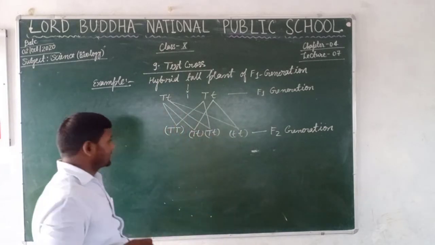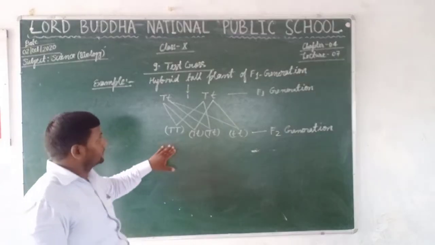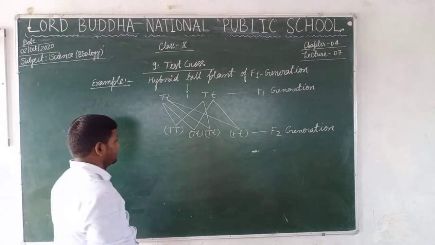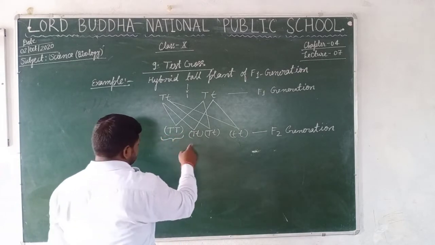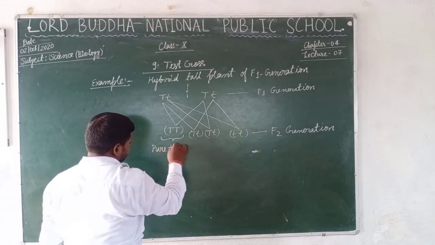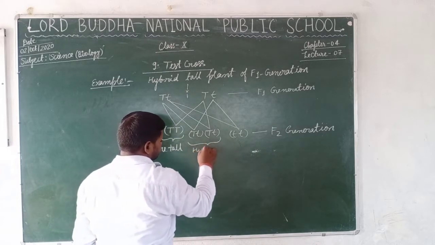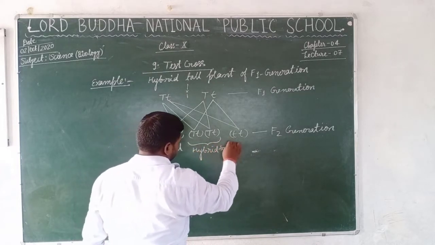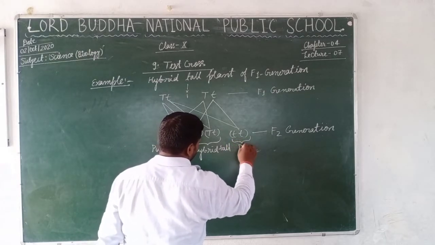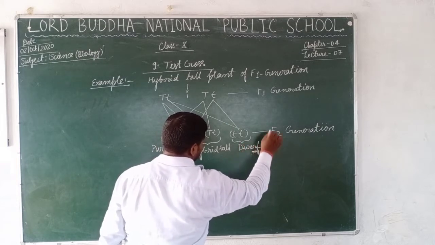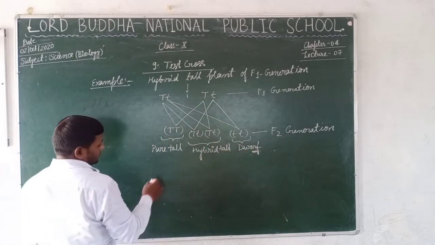So students, what is the ratio obtained in this type of cross-hybridization? This is the pure tall. These two individuals are hybrid tall, and this is the pure dwarf. Okay students, the pure tall, hybrid tall and dwarf.